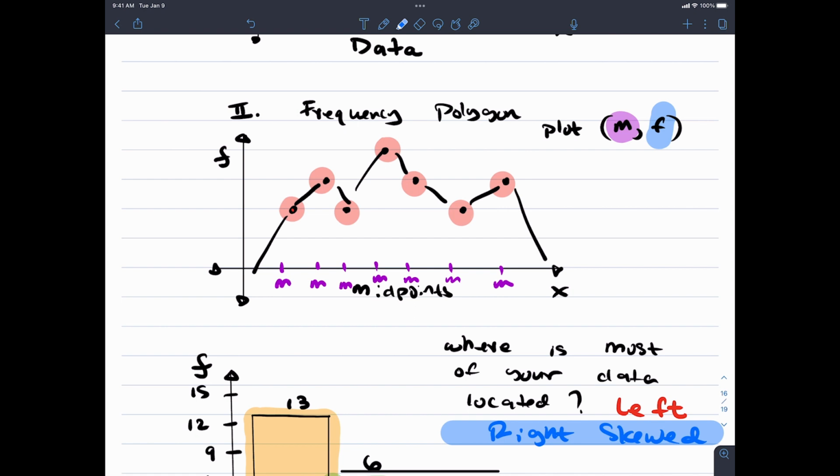And then, what do you guys notice here in the picture? You connect these points with what? Straight lines. But make sure you draw that line to the axes as well. You see, this is a shape called a polygon. It's a closed shape. Okay, it's closed. You say, what do you mean closed? Yeah, this is what I mean. That's a polygon. But it's a frequency what?